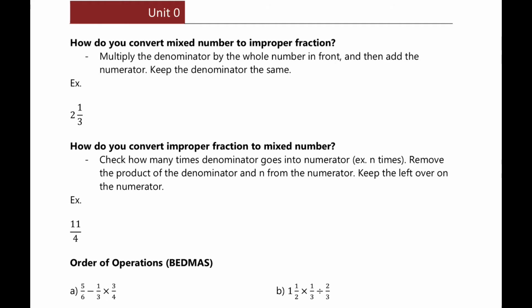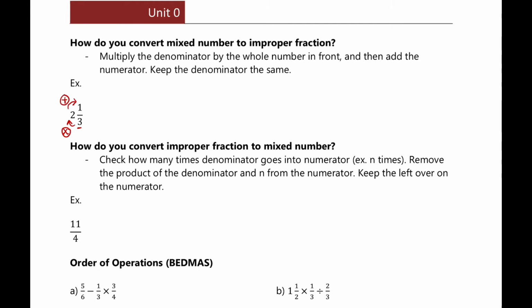So how do you convert a mixed number into an improper fraction? Multiply the denominator by the whole number in the front. So here, let's do that one at a time. So multiply the denominator by the whole number in the front, 2, and then add the numerator, like that.